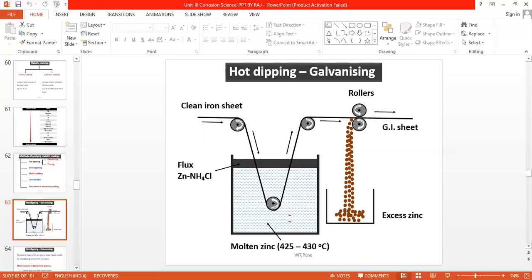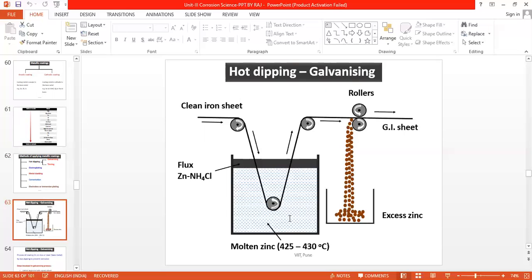In this case, the molten mass of zinc, maintained at 425 to 430 degrees Celsius, which is above the melting point of zinc, is taken in the container, and the surface is covered with the flux of zinc and ammonium chloride.